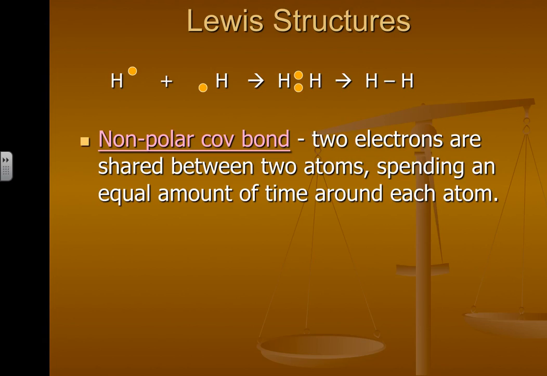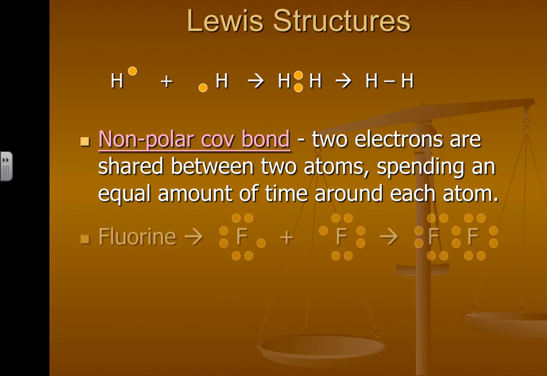And nonpolar covalent bonds obviously happen between two of the same atoms, but they can happen between two different atoms. Like for instance, when carbon and hydrogen bond, I believe carbon's electronegativity is 2.5 and hydrogen is 2.1. So they do have a little electronegativity difference, but that's actually considered to be a nonpolar bond. So just FYI, carbon-hydrogen, nonpolar bond.